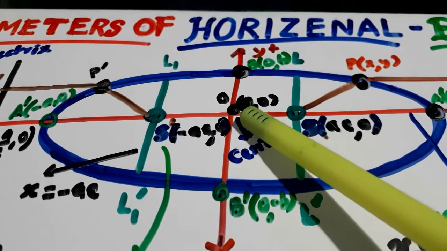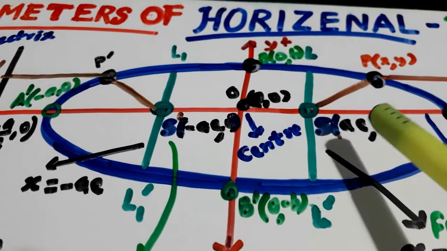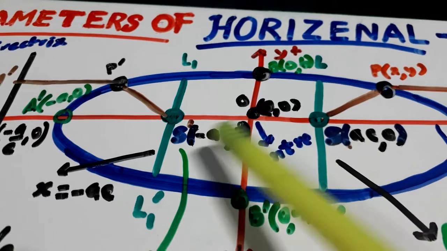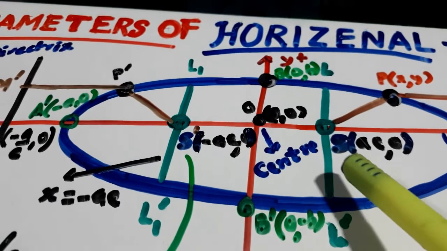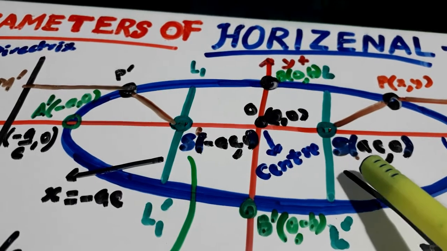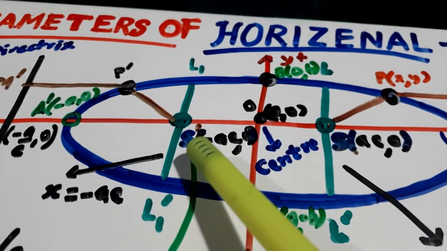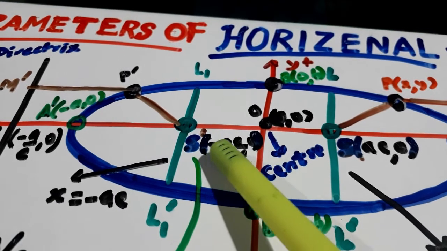Origin is the center in this. This is focus number 1, this is focus number 2. Its name is S, its name is S dash. Its coordinates are AE, 0 and its coordinates are minus AE, 0.